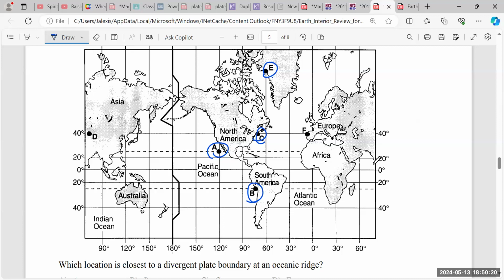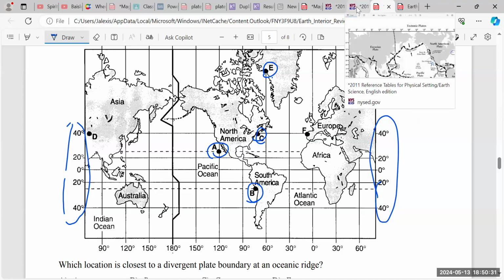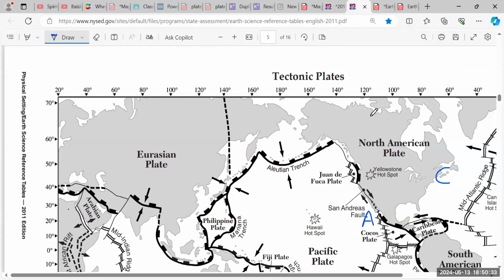And keep in mind, guys, you do have the latitudes here to help you. So I know E is somewhere that is many degrees above where C is. So E may be somewhere around the left side of Greenland, somewhere around here.